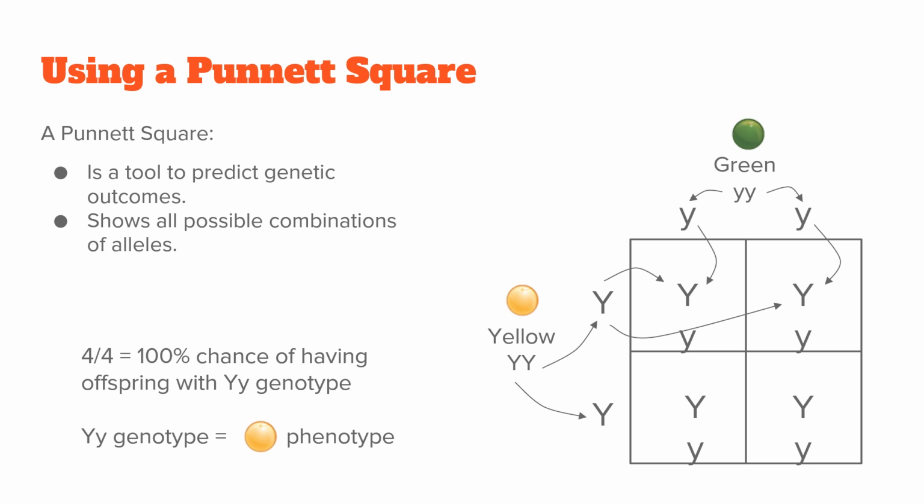Punnett squares are a tool for predicting genetic outcomes. By placing the possible gametes from each parent along the top and side, we can fill in the grid to see all possible offspring genotypes.